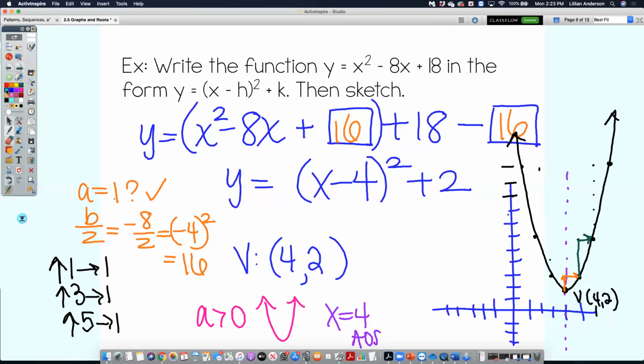Then from that point, I go up 5 units, 1, 2, 3, 4, 5, over 1. And then that's how I get the next point. And it works that way every time on a parabola that has 1 as its a value. It's just a shortcut way to graph a quadratic.